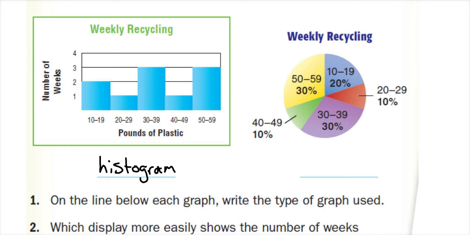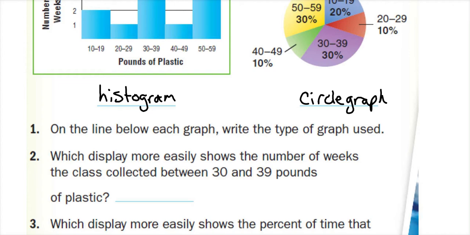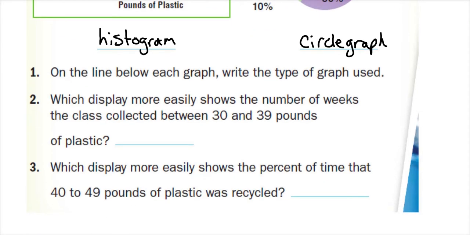So therefore, they actually touch, whereas a bar graph just shows categories. All right, and then this one over here, of course, we have a circle graph. So that was an easy one. And then number 2. It says, which display more easily shows the number of weeks the class collected between 30 to 39 pounds of plastic?